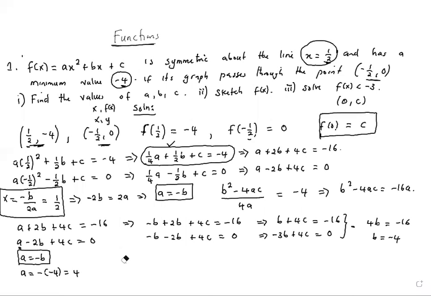This is a function. This is the function that we are studying. And we are told that this function passes through this point. So we have this. We are also told that this is the line of symmetry for the same function.